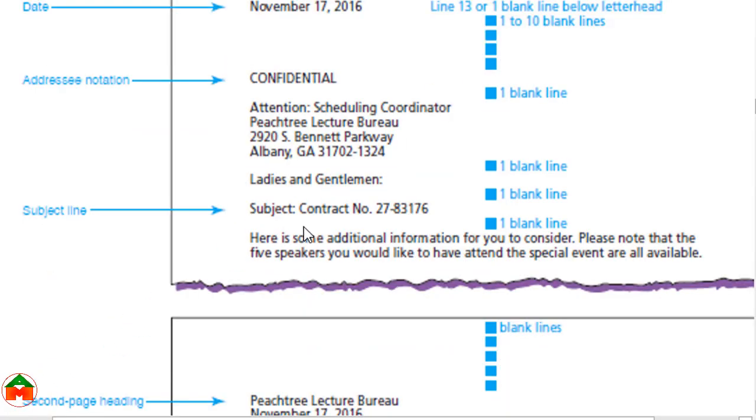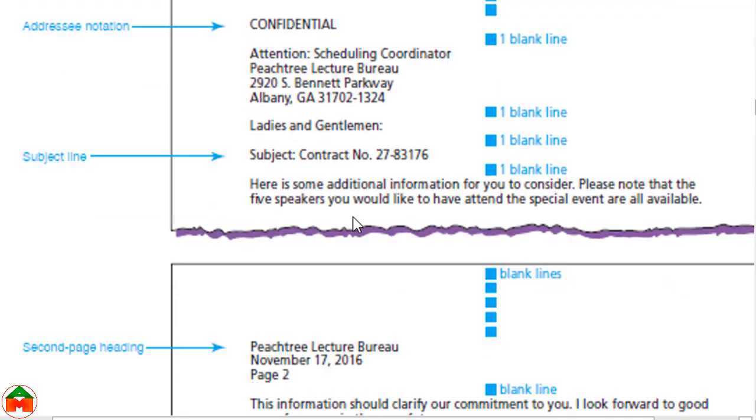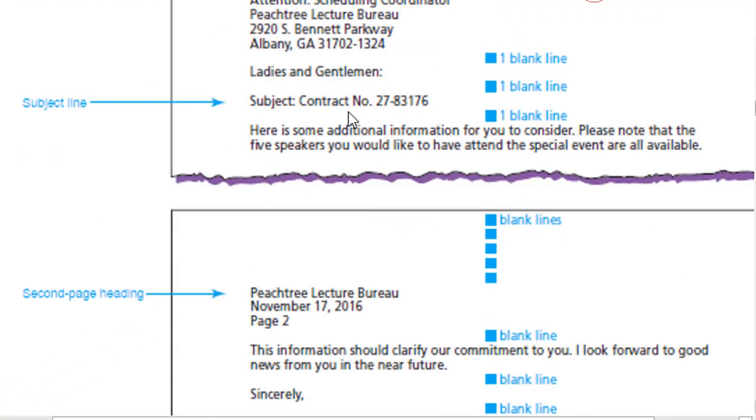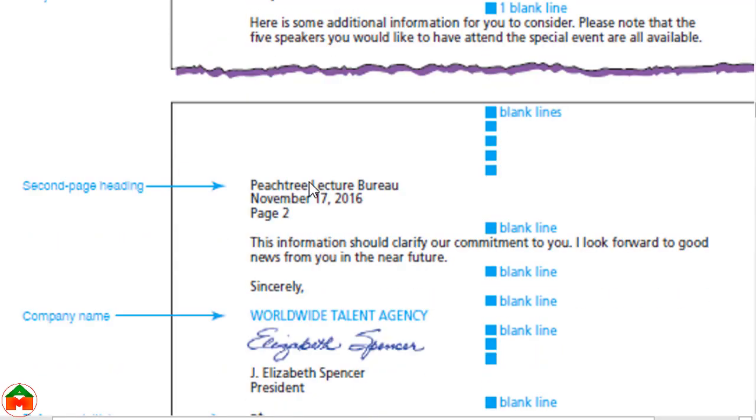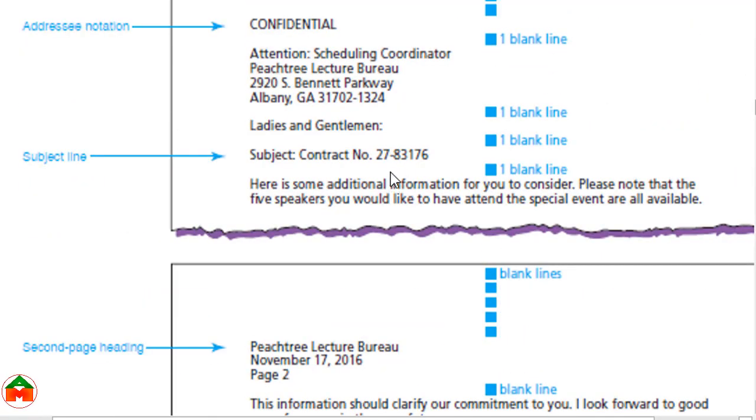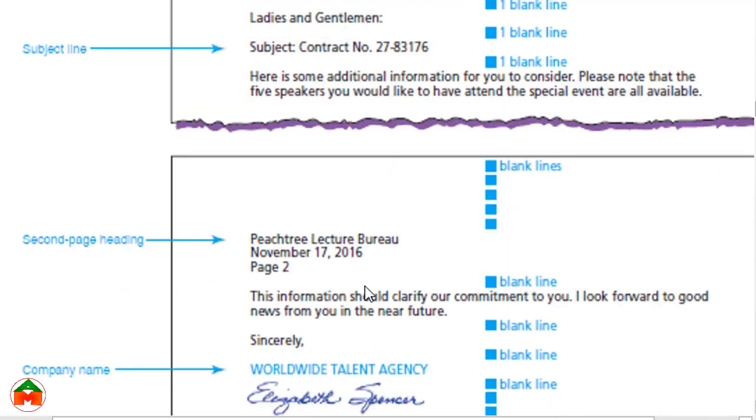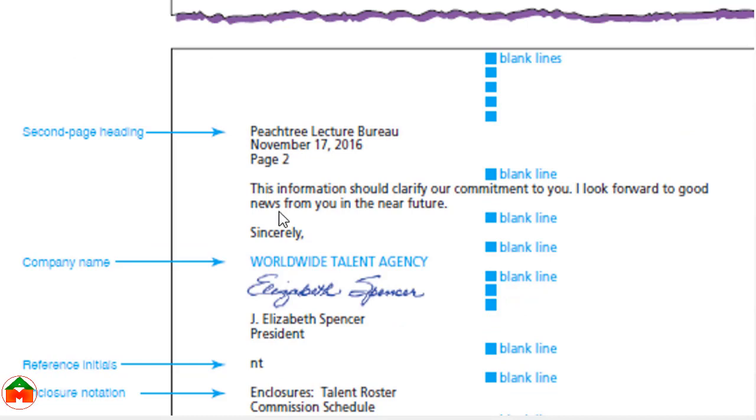And this is the subject line. You can also mention the reference of any previous mail in the subject line, or you can also mention the main theme of the letter in the subject line. And if your letter needs 2 pages, then in the second page you can also mention the heading again. Then you can write the other parts of the letter.